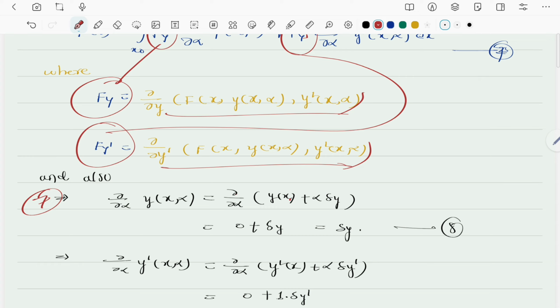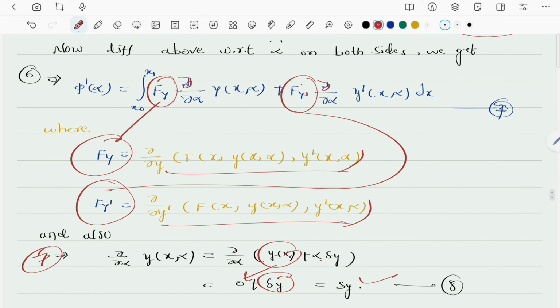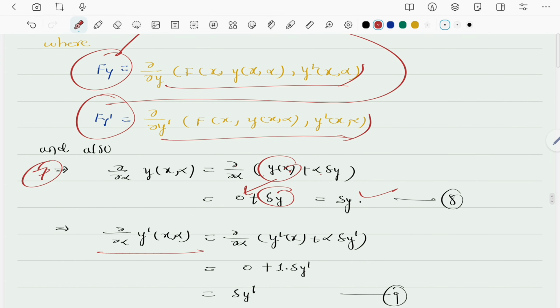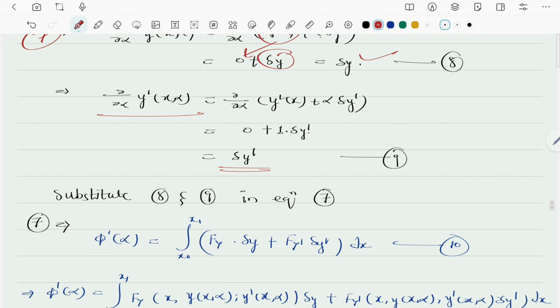Therefore, partially differentiating with respect to alpha, y of x becomes 0, and the derivative of alpha into delta y with respect to alpha gives delta y. Similarly, the partial derivative of y dash of x comma alpha with respect to alpha gives 0 plus 1 into delta y dash, which is delta y dash.